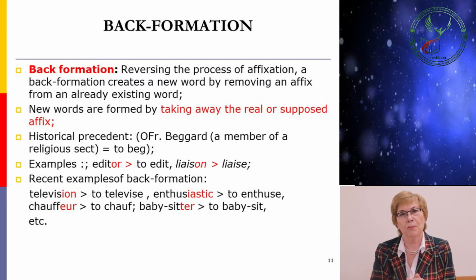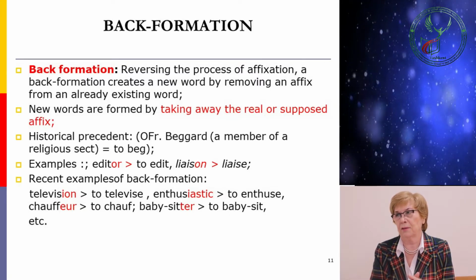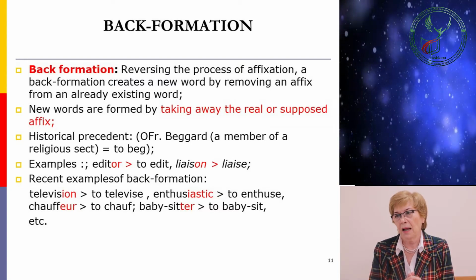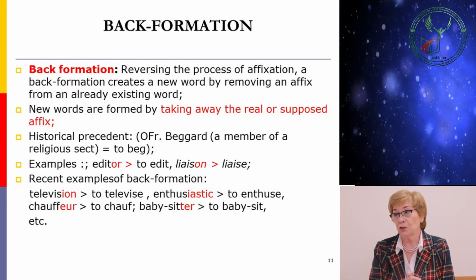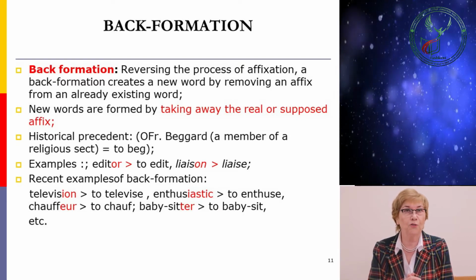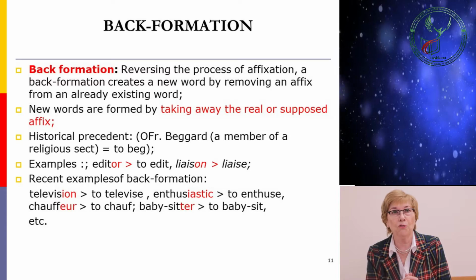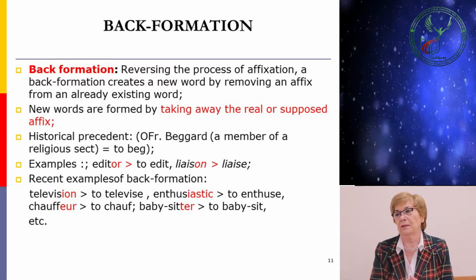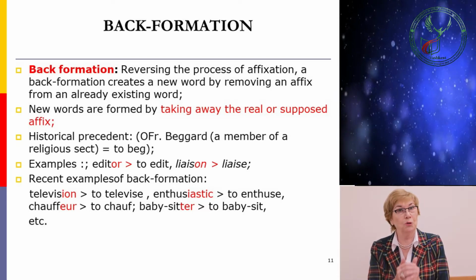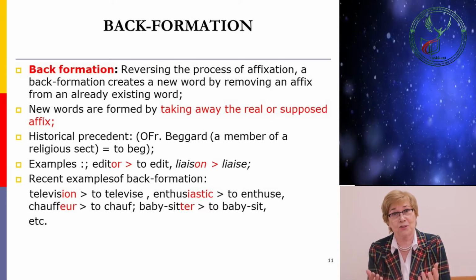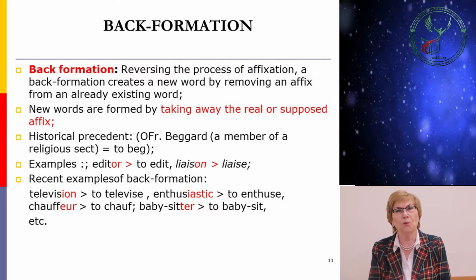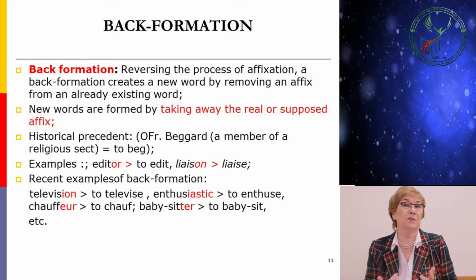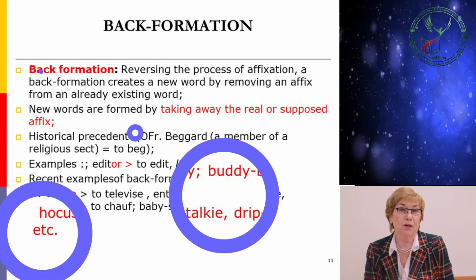And now you have much more modern words formed by backformation, and they are to televise, to enthuse. From chauffeur, we have the verb to chauffeur, which is already the name of a profession, by the way. From babysitter, we have the verb to babysit, again as a professional activity. What do you do for a living? I babysit 3 times a week. Very, very English word, okay.